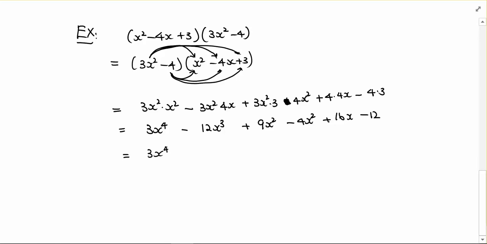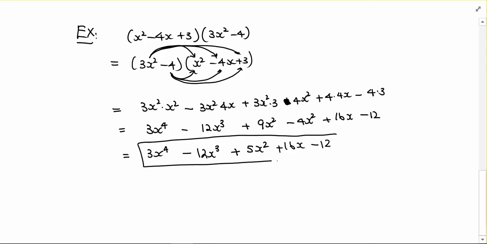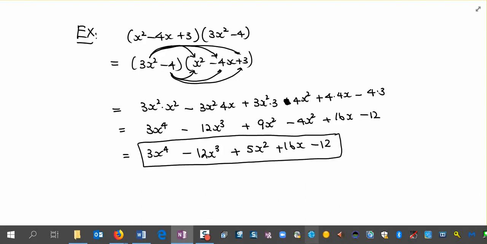How about x to the 3rd? Doesn't seem to have one. x to the second. Oh, there are two of them right there. So that's going to be plus 5x to the second, plus 16x to the first, minus 12. Descending order as well. Okay, excellent. Thank you. That's it for this multiplication video.